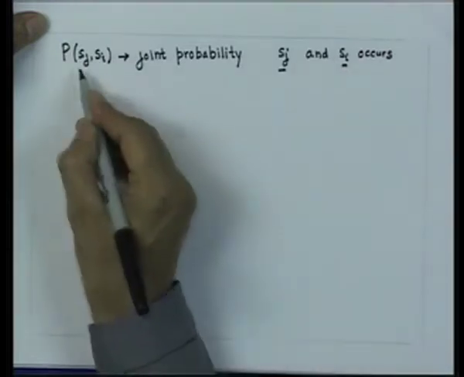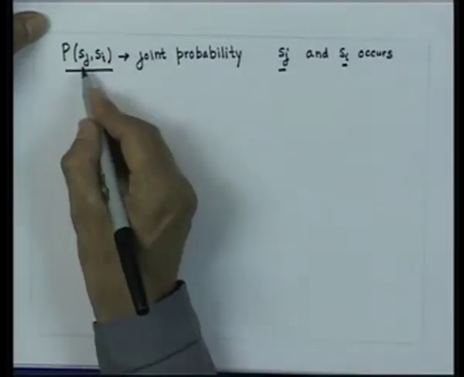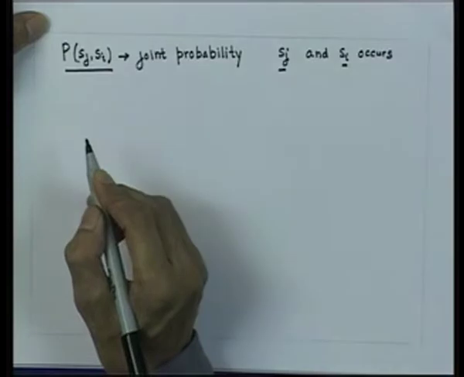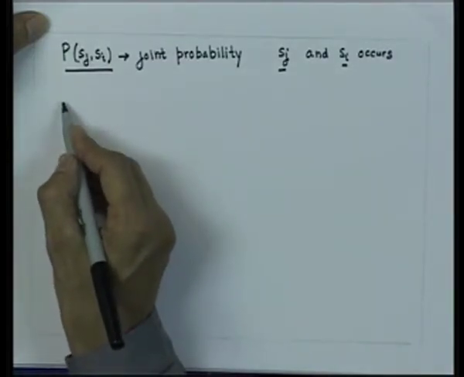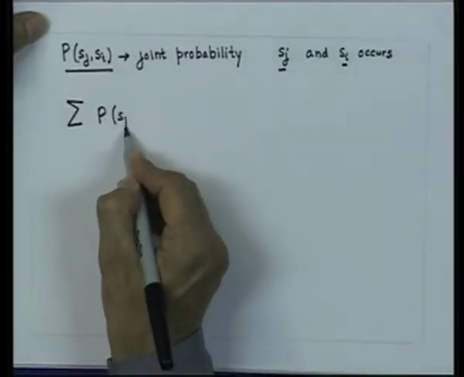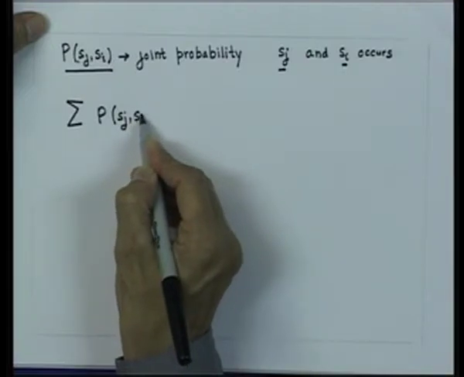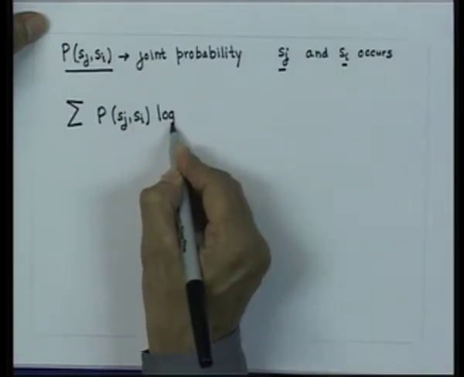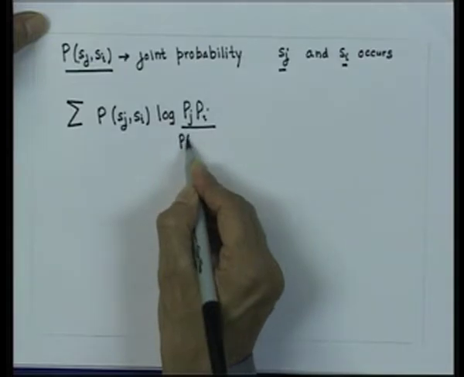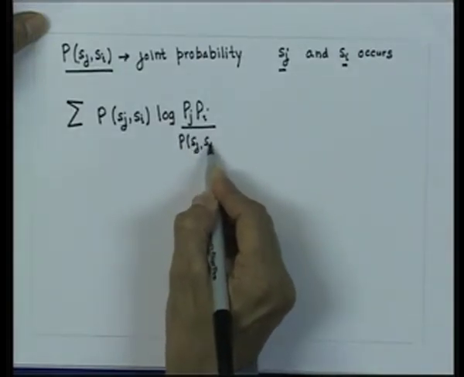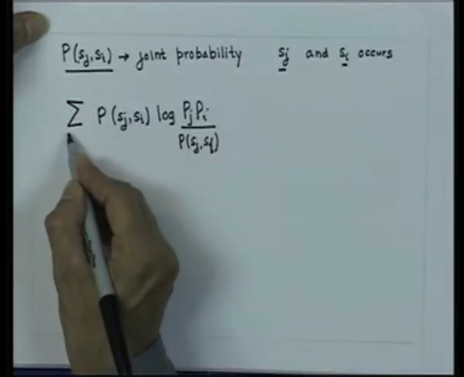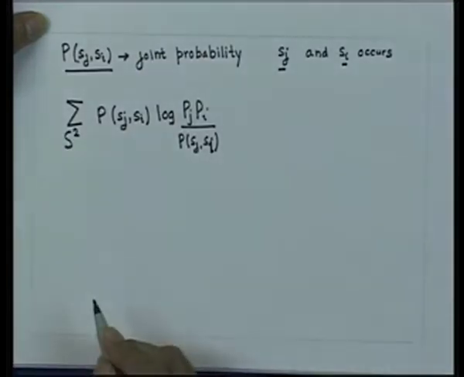When such a thing happens, this is the probability of Si occurring when I am in state Sj, and this is denoted as the joint probability. Now, let us try to examine the double summation of the form, where this double summation is over Sj and Si. So, this I will write as.